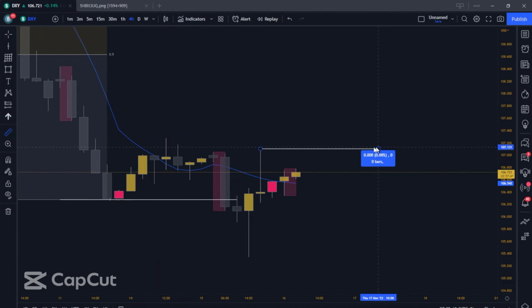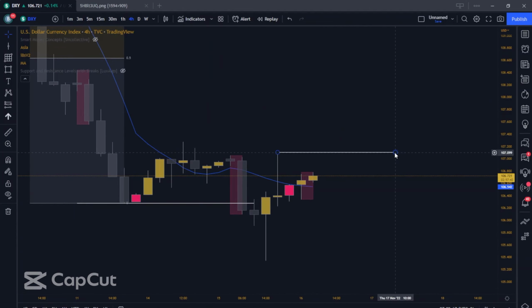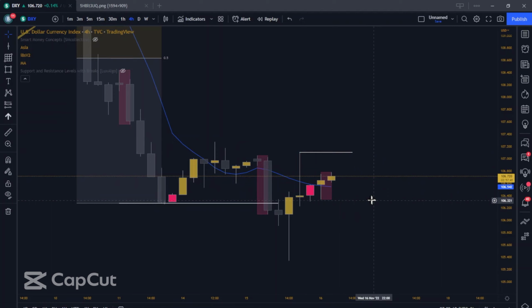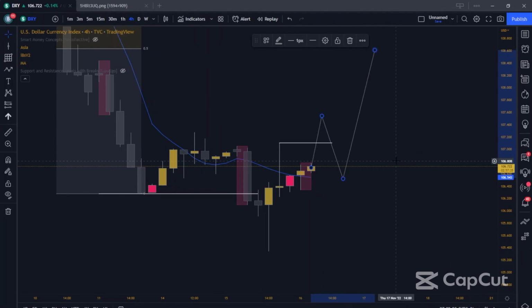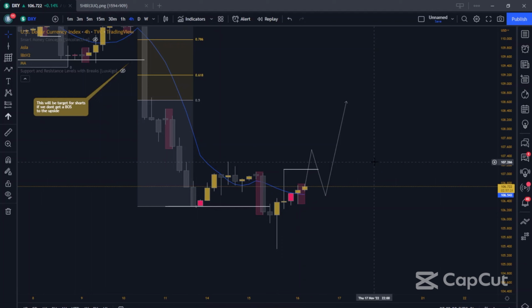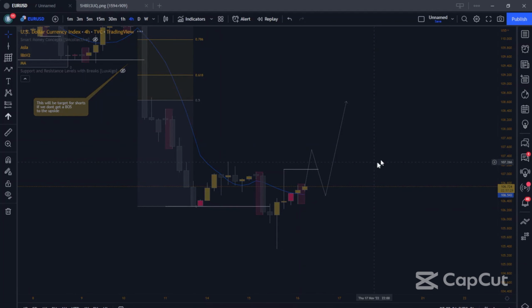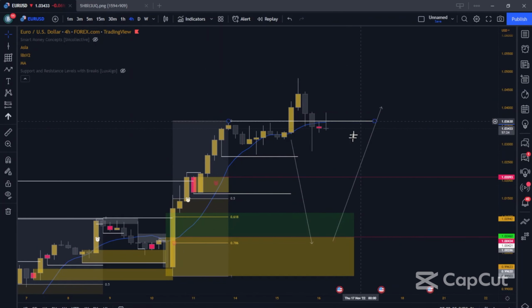So we will be waiting for this high to break, because this wick took liquidity from something. So if we're expecting higher highs on the dollar index, we'll be expecting lower lows on Euro USD and GBP USD.